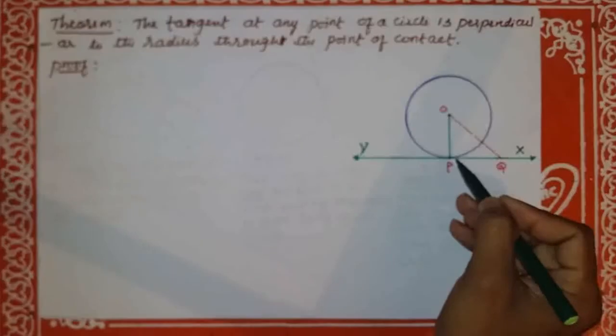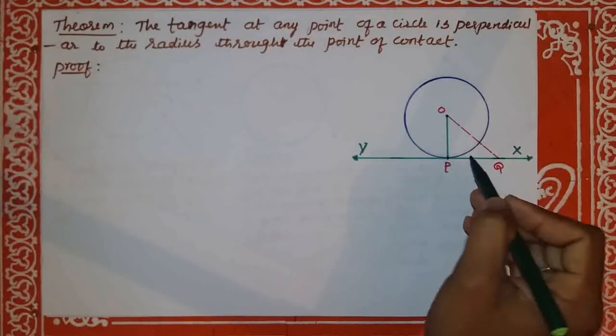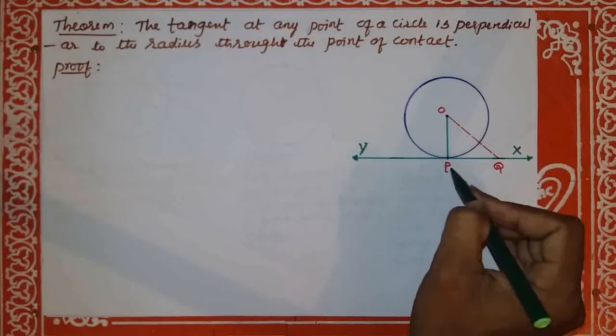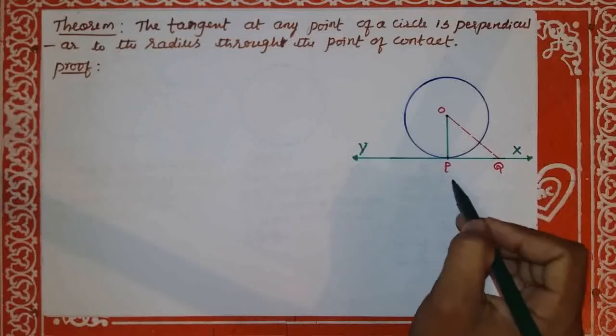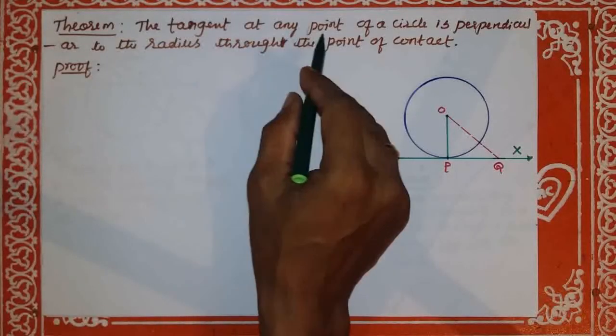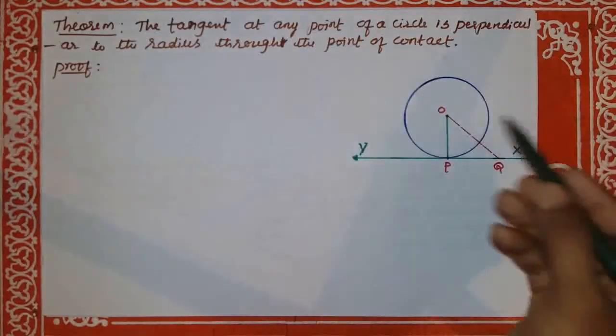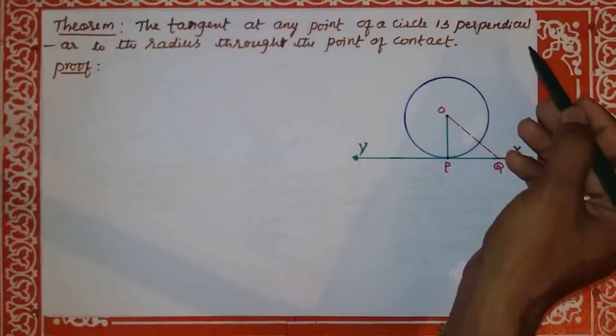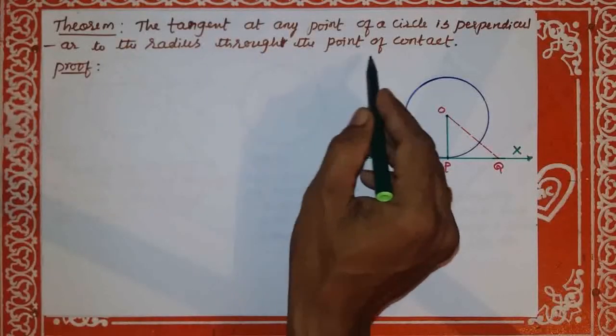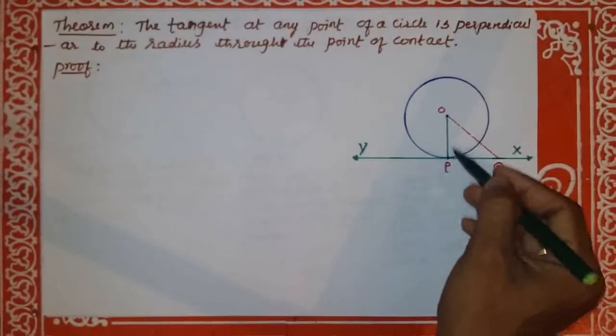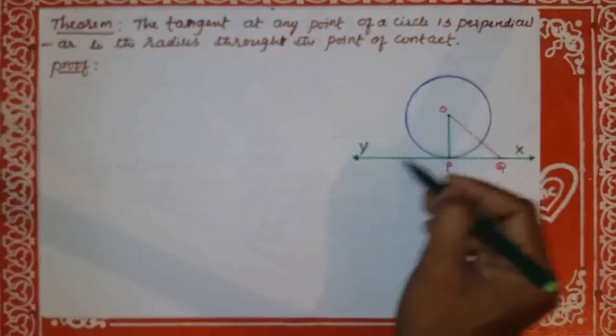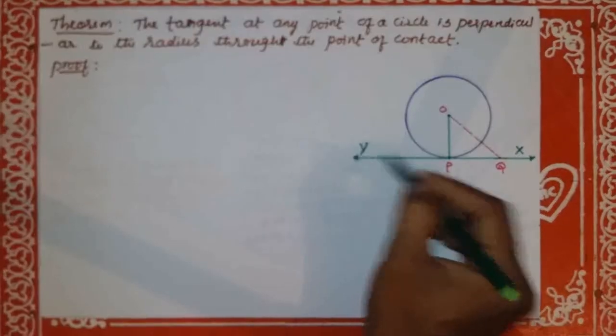The tangent at any point of a circle is perpendicular to the radius through the point of contact. Here XY is a tangent.